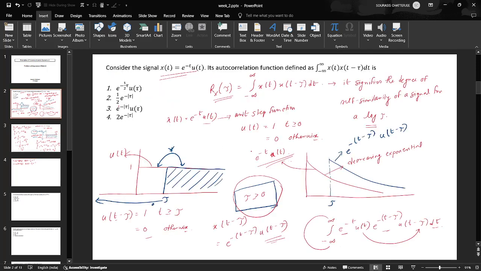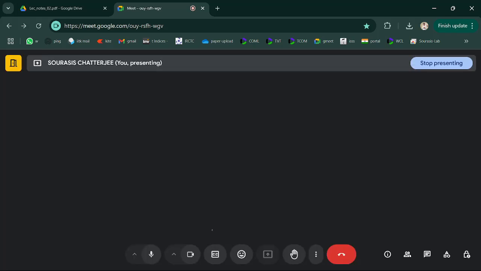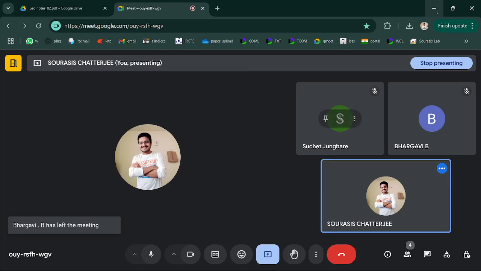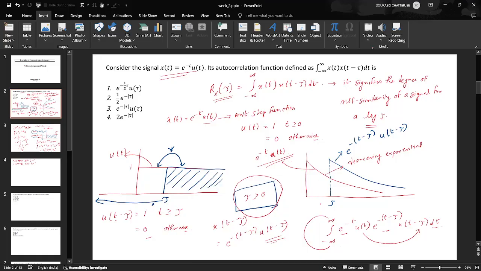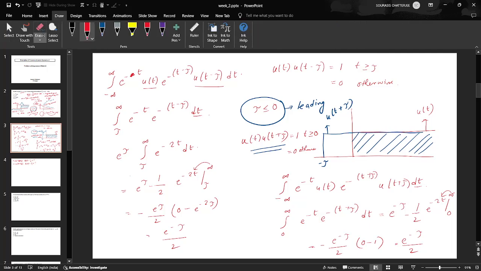Okay, I guess I made some mistake here. It's tau greater than or equal to 0 here. This is lagging, and this is a mistake I made here. This should not be minus tau.